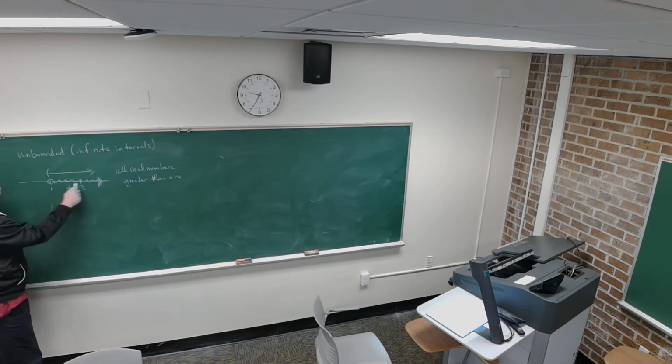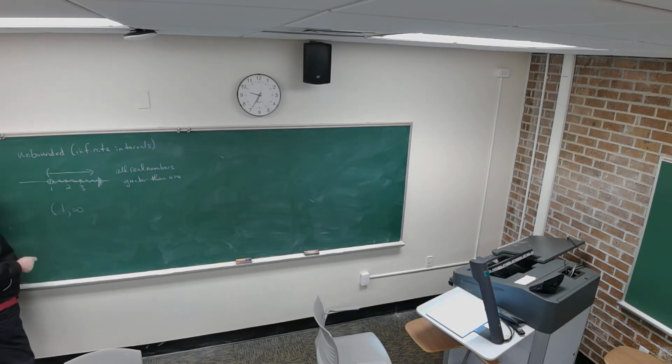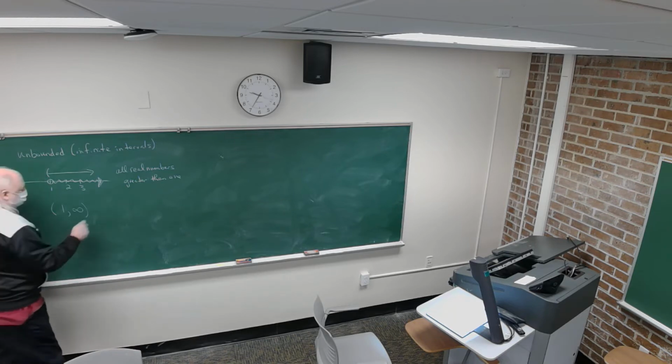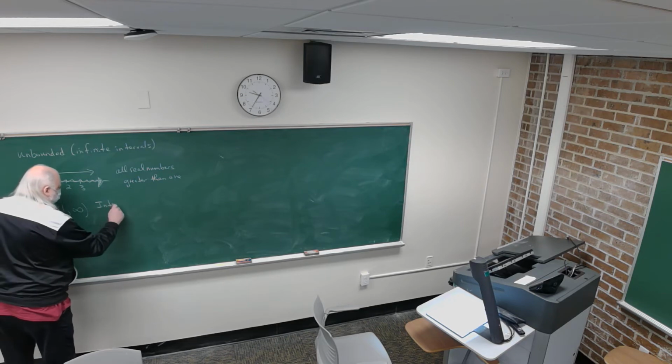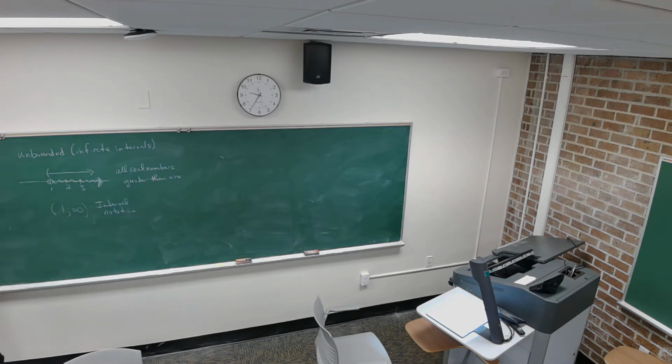And since there's no maximum number, we use this infinity symbol to represent there's no maximum number. And infinity symbols, both plus infinity and minus infinity, are always enclosed with a parentheses, never a bracket, because an infinity is not a number. It's just a representation. So this is interval notation for all real numbers greater than 1.